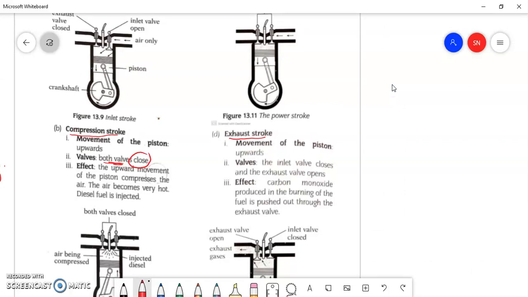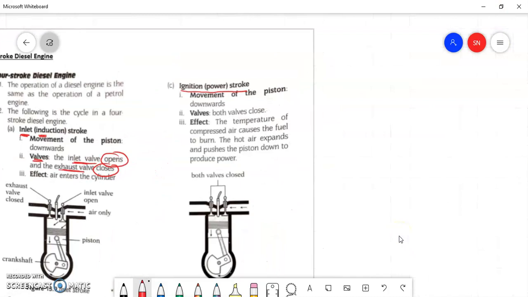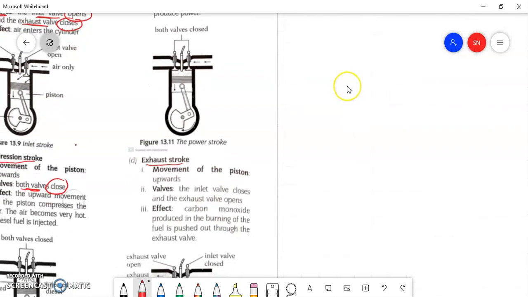And in the next one also, both valves are closed for the third stroke. And the last stroke, you can take a guess: the exhaust stroke, the inlet valve will be closed, but the exhaust valve will be open. So the names of the strokes and the valves are exactly the same as the petrol engine.